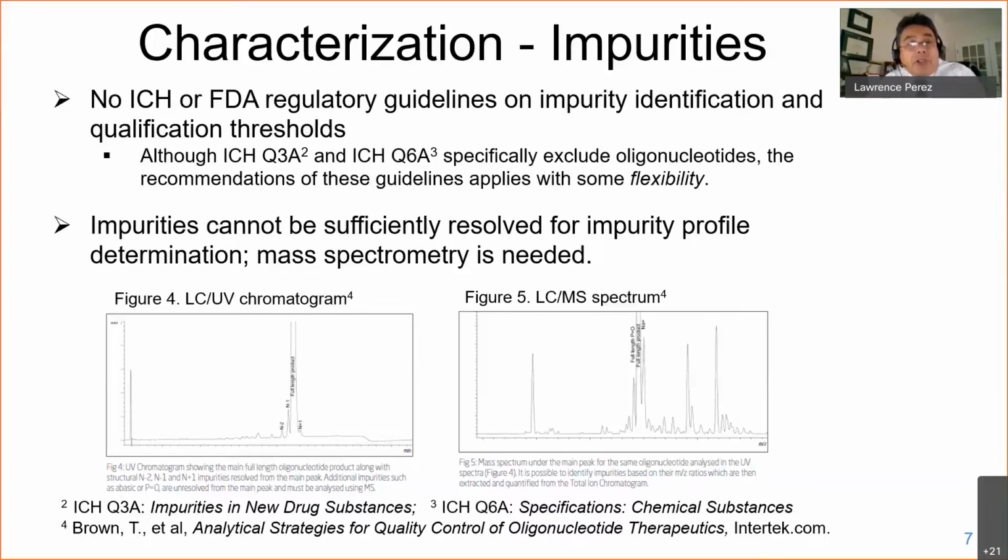And this can be seen in the right-hand chromatogram of a mass spec of that central peak that was on the left-hand side. And there we see a lot of other masses that signify that there are other impurities under the main API peak, that while they cannot be totally removed from the final drug substance, they can be identified.